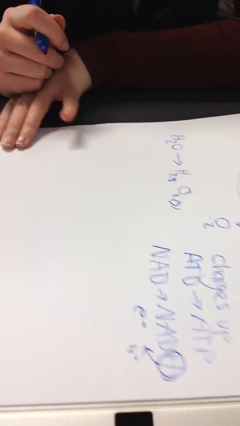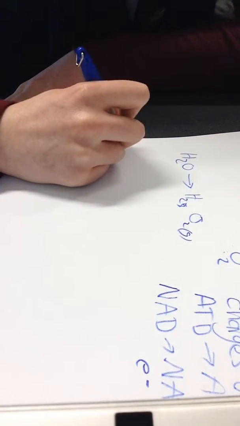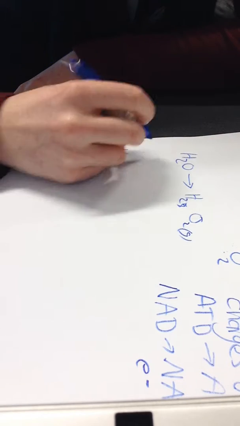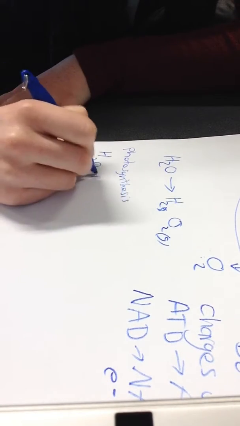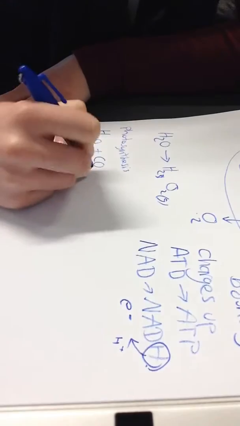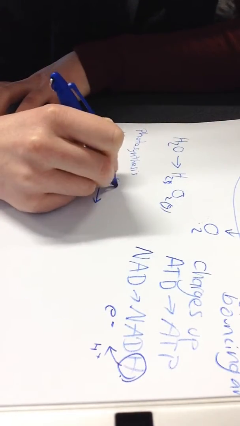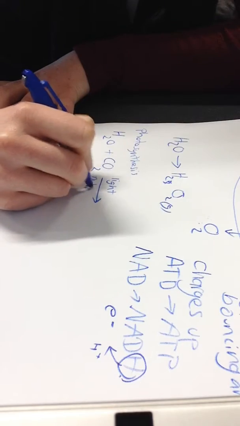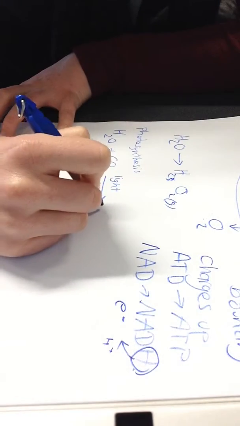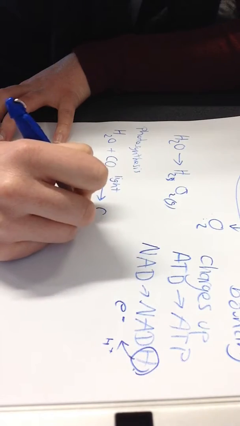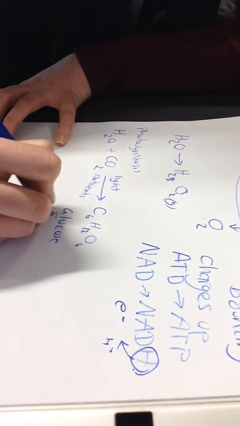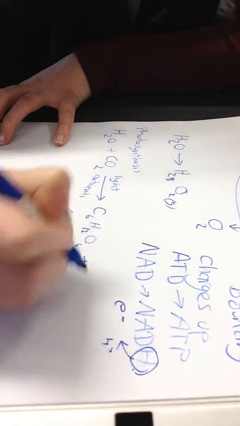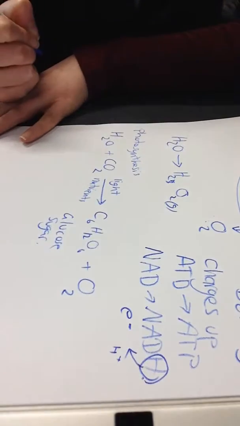Okay, so that's the light cycle. So far, here is our photosynthesis equation. We have H2O plus carbon dioxide, in the presence of light and nutrients, we get C6H12O6, glucose, sugar, plus oxygen released as a byproduct.